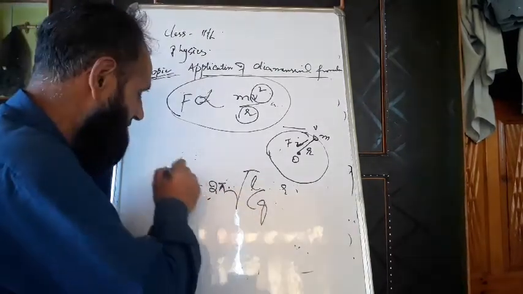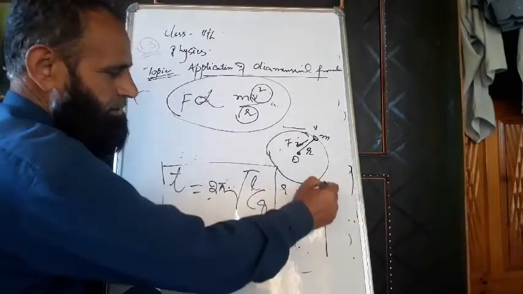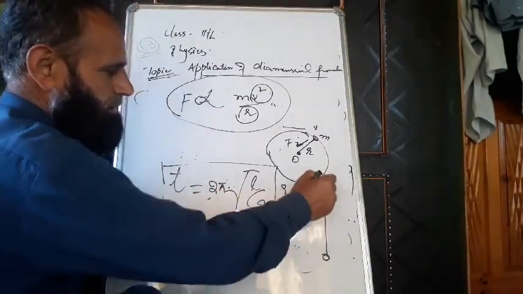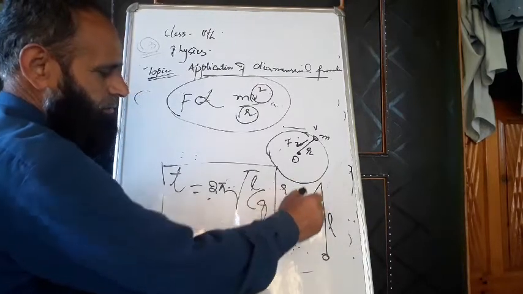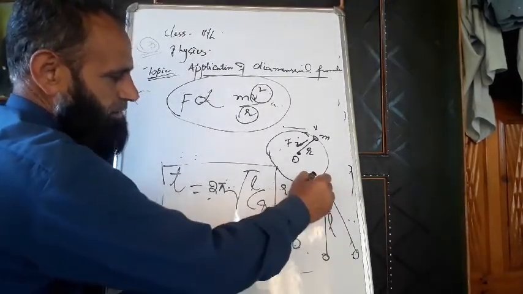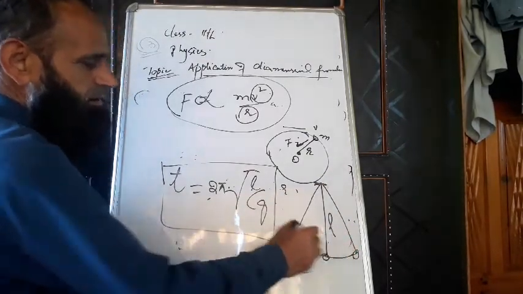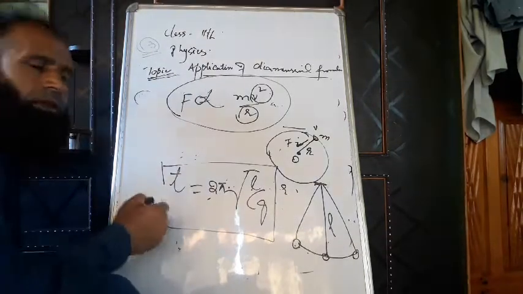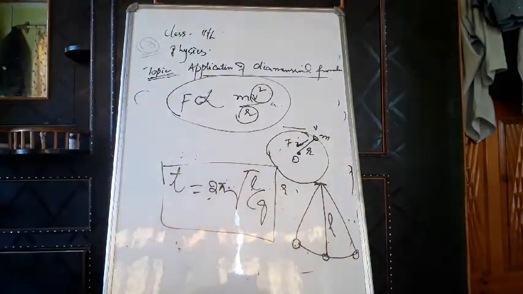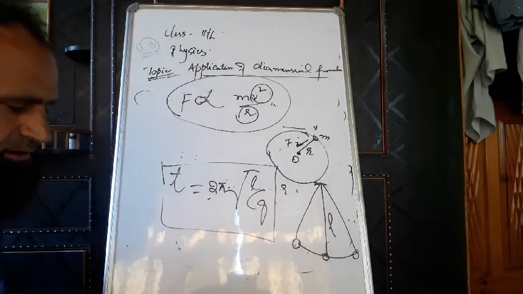This is our L, the length of the pendulum, this is the acceleration due to gravity, and this is a rigid support. We can find its time period by using dimensional analysis, if we know on what quantities this simple pendulum depends.